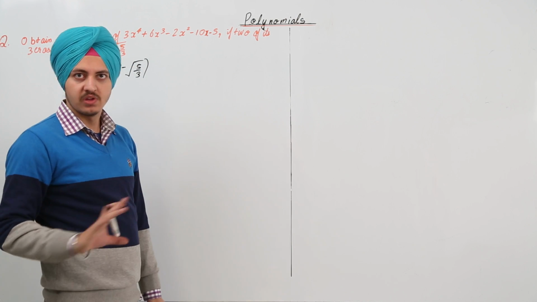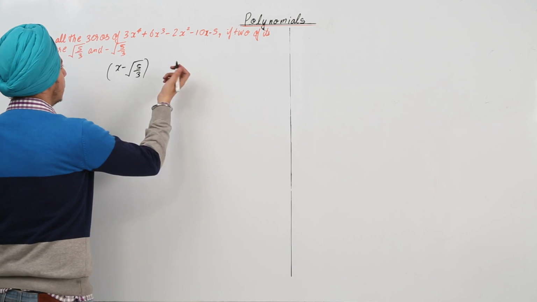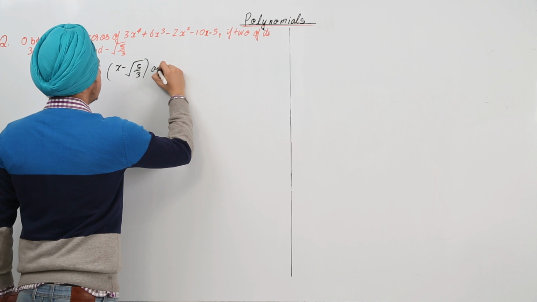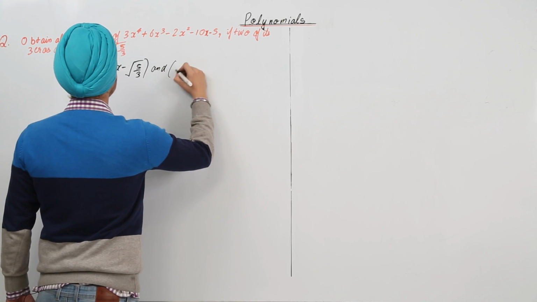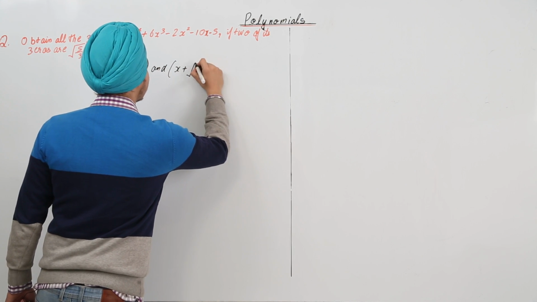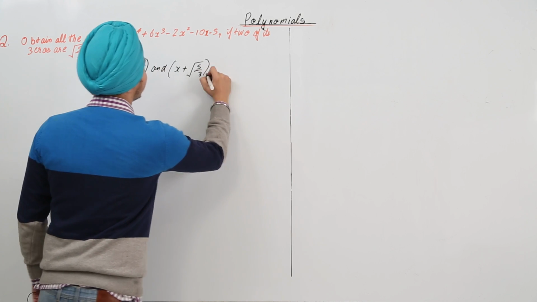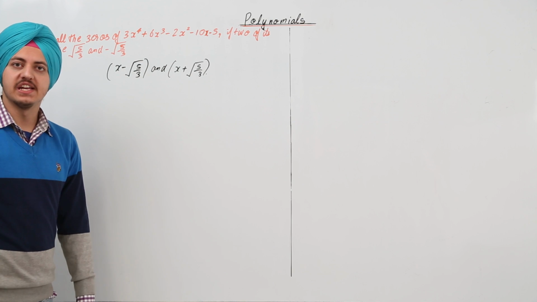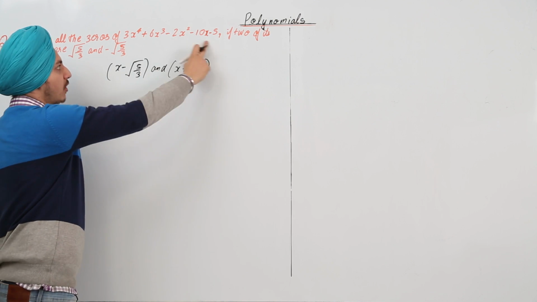Correct? Understood? Very clear? Now if this is a factor of this polynomial, then x + √(5/3) will also be a factor. Why? Because -√(5/3) is also a zero of this polynomial.